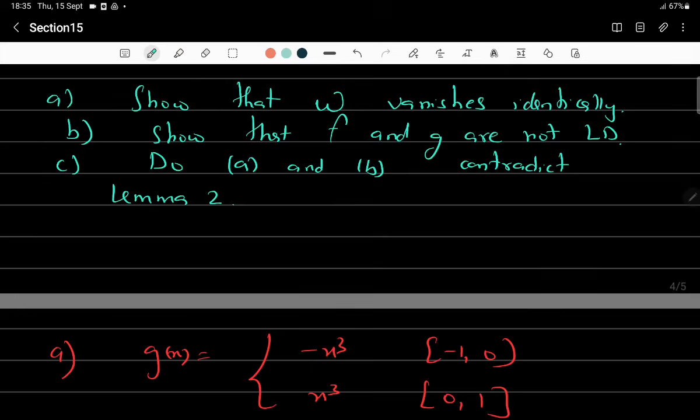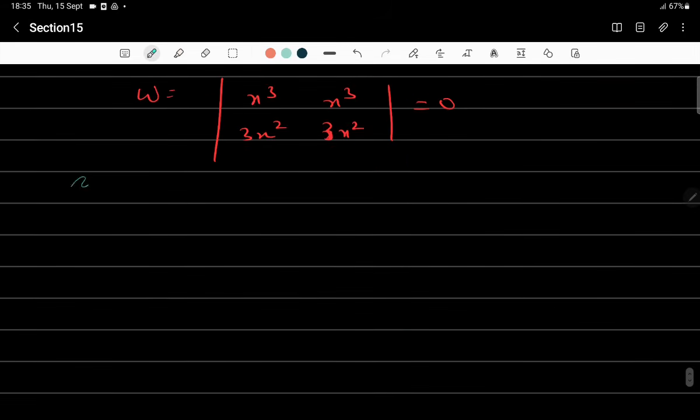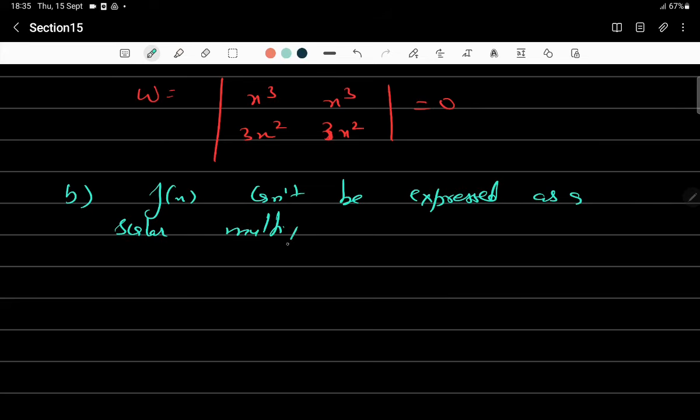This is not required to show in detail, because over this interval we cannot express one as a scalar multiple of the other. So f of x cannot be expressed as a scalar multiple of g, which implies f and g are not LD.